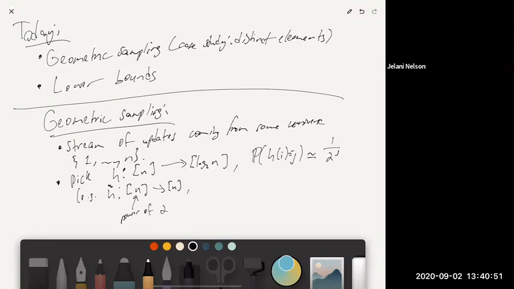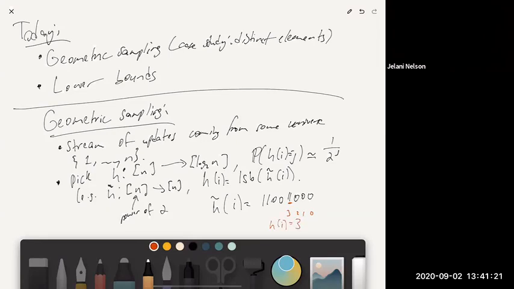And then what you say is that h of I is just the index of the least significant bit of h tilde of I. So for example, if h tilde of some input is in binary this, then this is bit number 0, bit number 1, bit number 2, and 3. So the least significant bit is this one. So we would say h of I is 3.